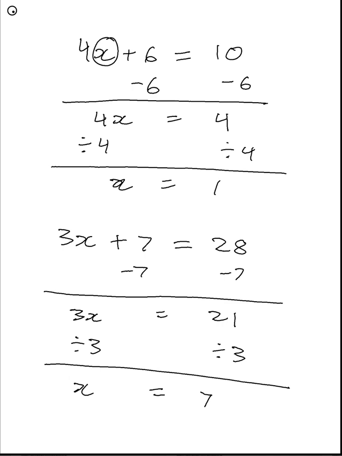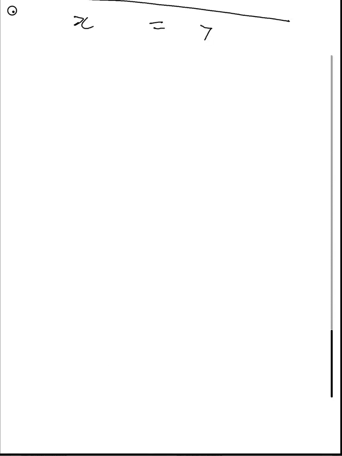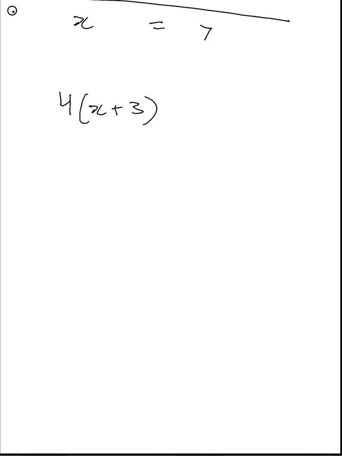Now, let me give you a slightly more complicated idea. Let's do 4 times (x plus 3) plus 5 is going to be equal to 25. So now there's more stuff to deal with, but you can still follow a very common structure.